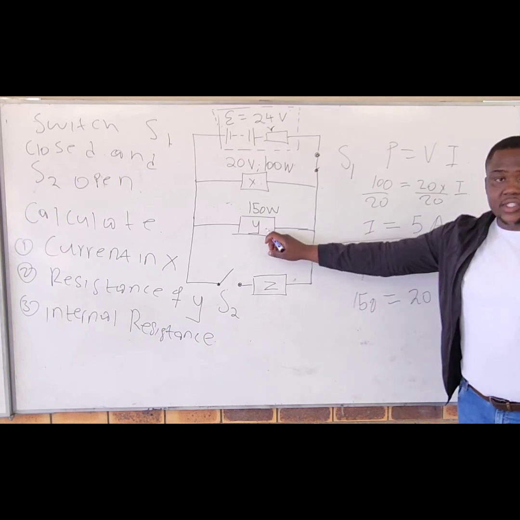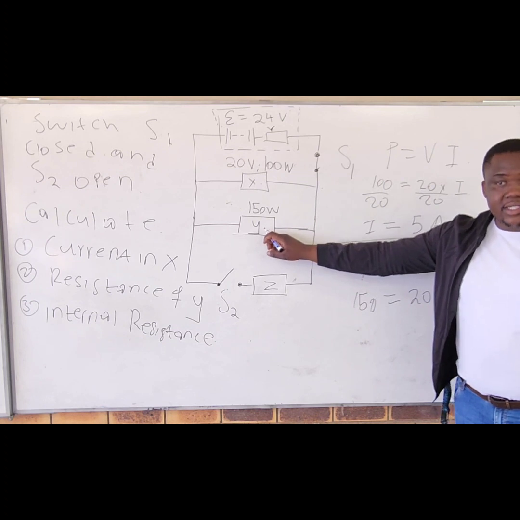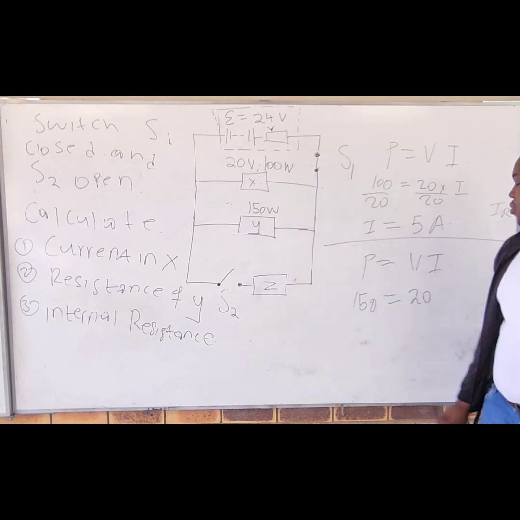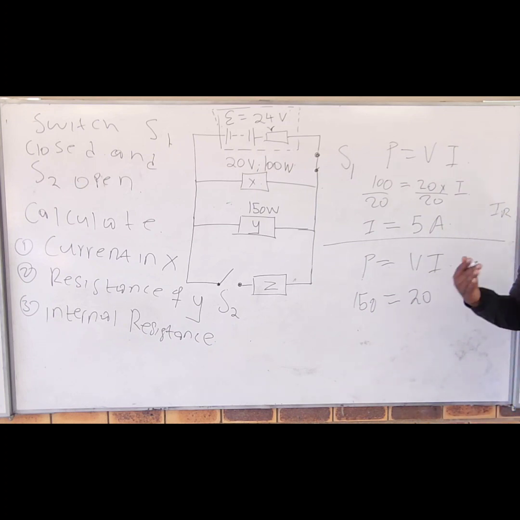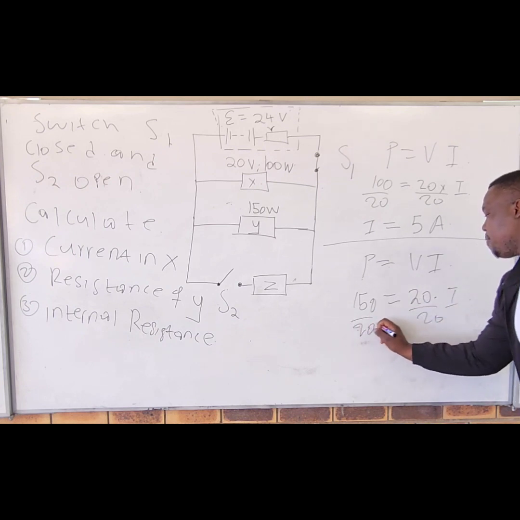How do we know that the voltage is 20 volts here? Resistors that are parallel have equal voltage. We know that from theory. So we're going to have 150 divided by 20.